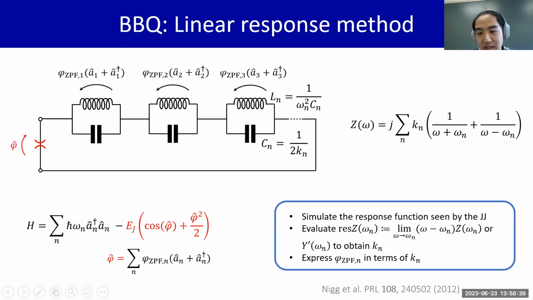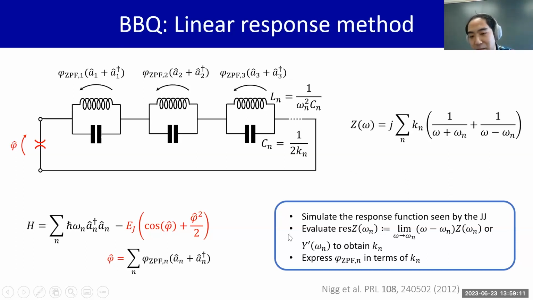The first one, as in the original reference for black box quantization, I call the response method, which is basically that you can simulate the response seen by the Josephson junction in HFSS. You can simulate this Z of omega exactly, and you'll be able to extract these Kn from that response function. In the way we write it, Kn is just the pole or the residue of this impedance function at these frequencies separately.